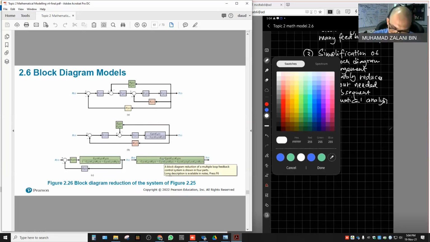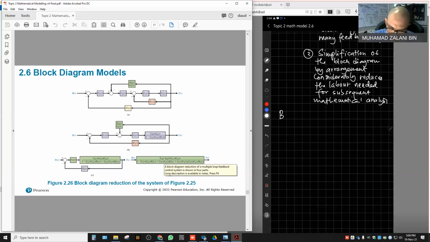But there are disadvantages. When simplified to one block, what happened? When we further simplify into one block, what we see here is that what is inside the block is too complicated. The transfer function here becomes more complex.